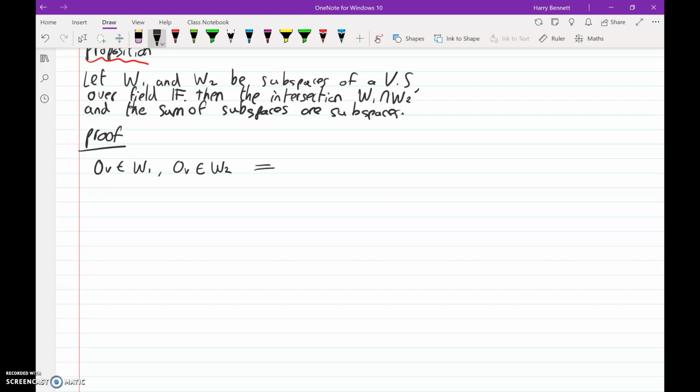Hence the zero vector is in the intersection. Okay, so the intersection follows this property. This is the proof of the intersection.